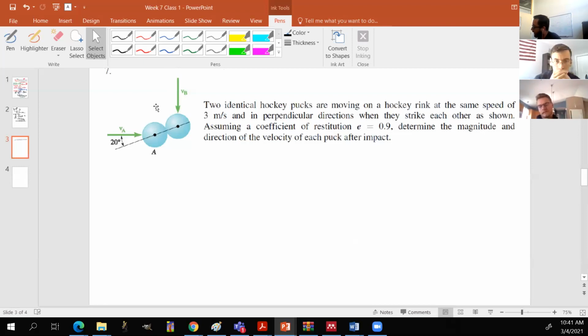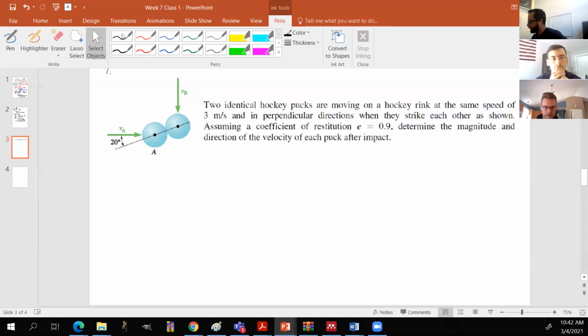You're told that they strike each other as shown, and that there is a coefficient of restitution, right? So you do have some energy that's lost to your surroundings. And you're asked to find the direction and the magnitude of the velocity after the impact takes place.